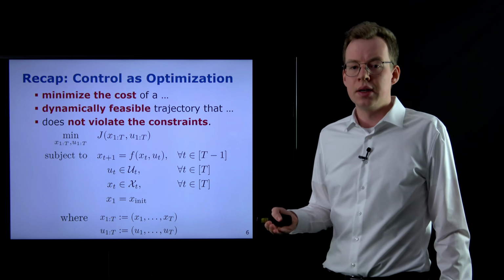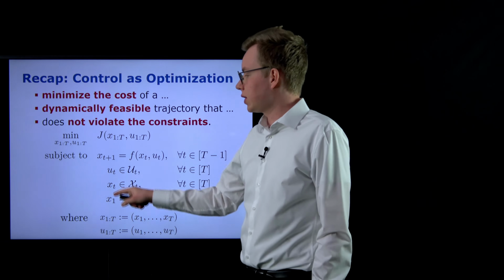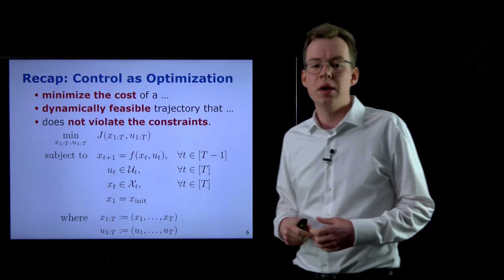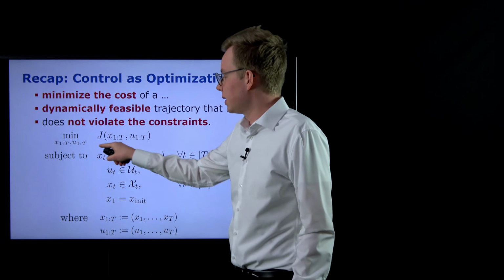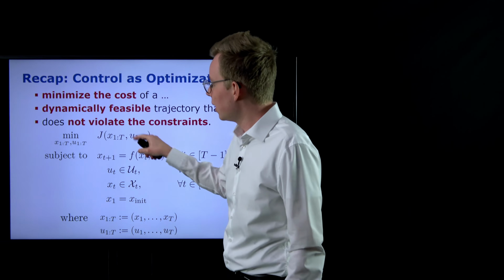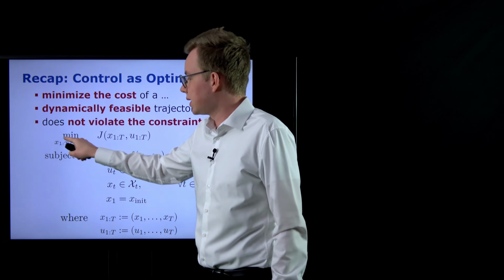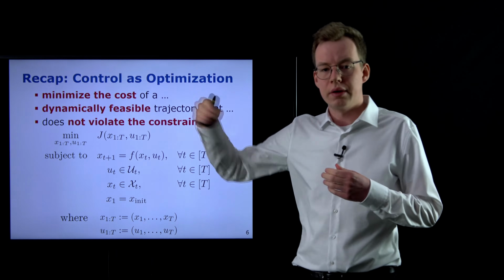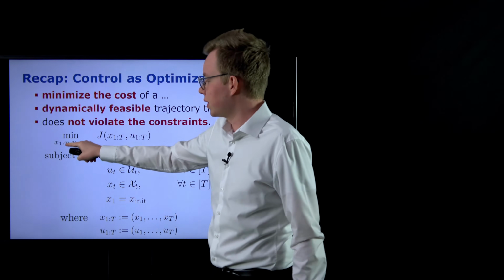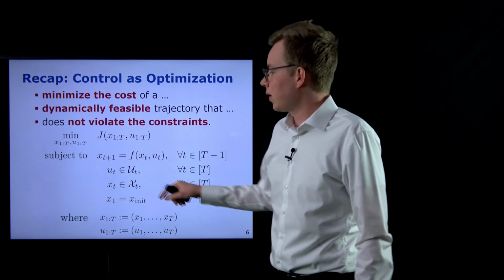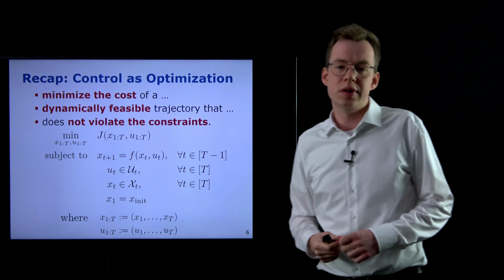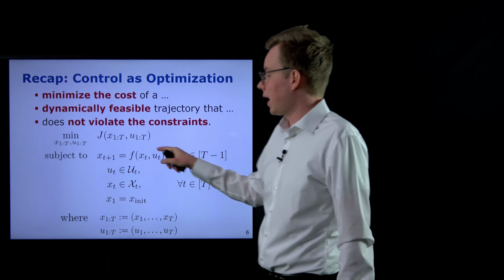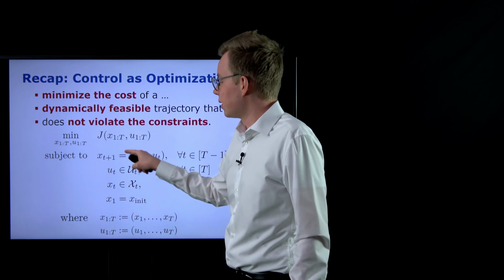The mathematical formulation of this optimization in the inner loop was as follows. We could cast this control problem as constrained optimization, where our task was to minimize some cost function J by choosing suitable states X and inputs U, a sequence of states and inputs over the prediction horizon into the future, where the prediction horizon is capital T. But we can't just choose them arbitrarily, because they are coupled: they need to be dynamically feasible.